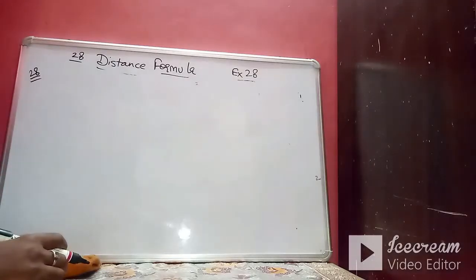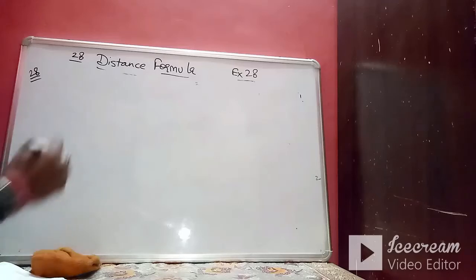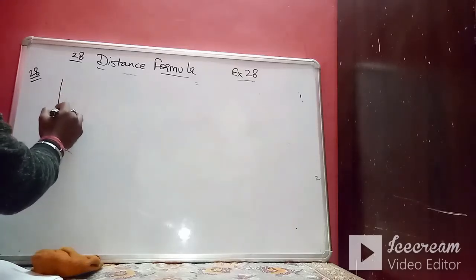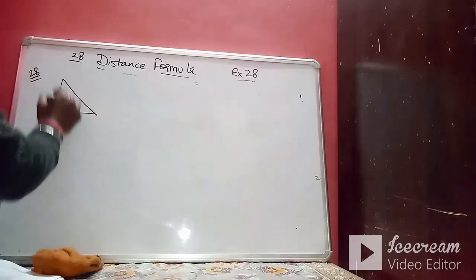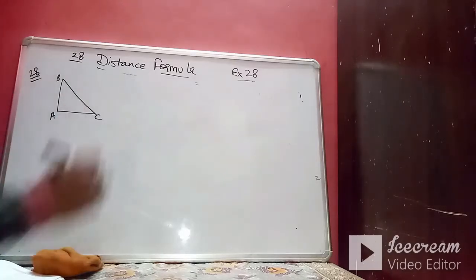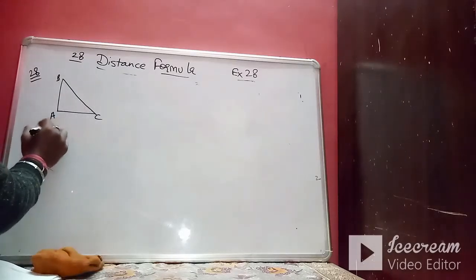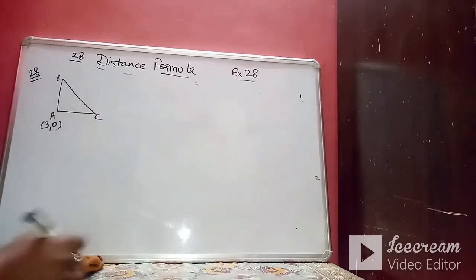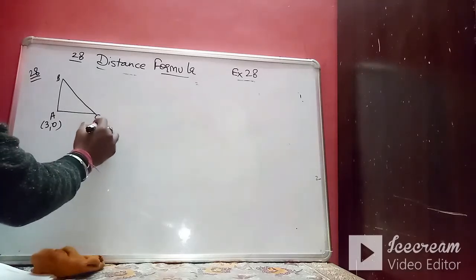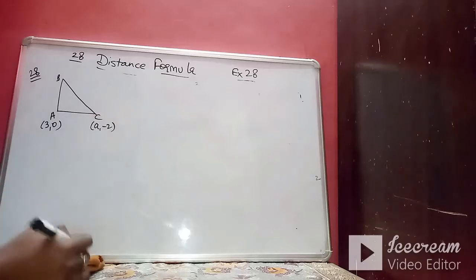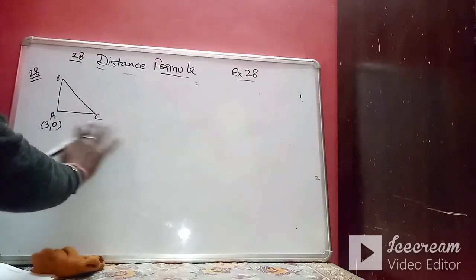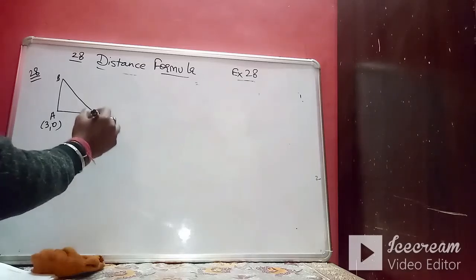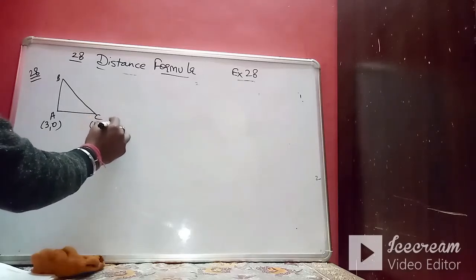The points A, B, C are vertices of a triangle right angled at vertex A. So a right angled triangle is there and it is right angled at A. Now given is A is (3, 0), B is (a, minus 2), and C is (4, minus 1).